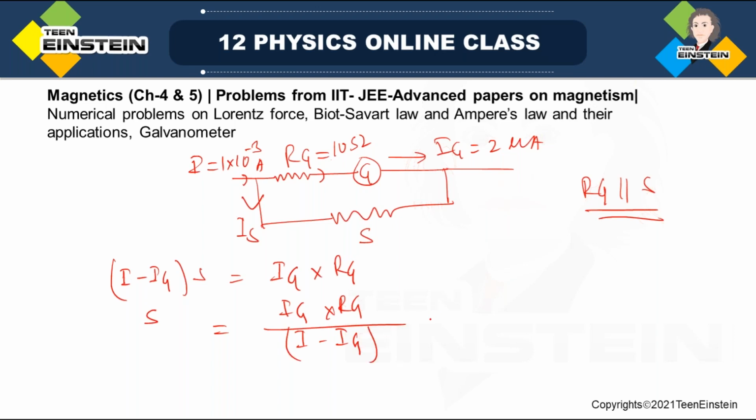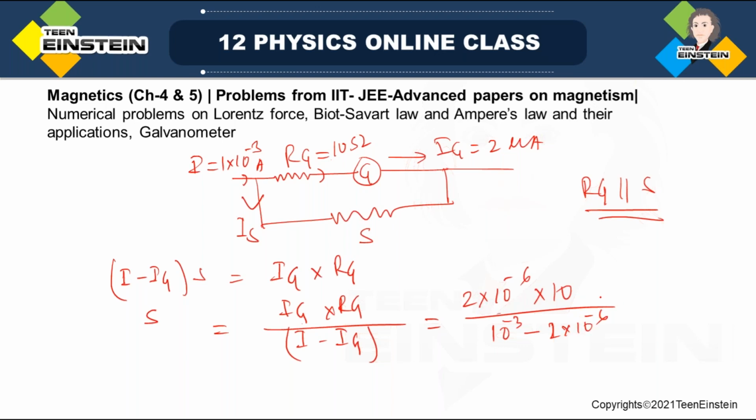Here Ig is 2 into 10 to the power minus 6 ampere, Rg is given as 10 ohm, divided by I, which is 10 to the power minus 3, minus 2 into 10 to the power minus 6.